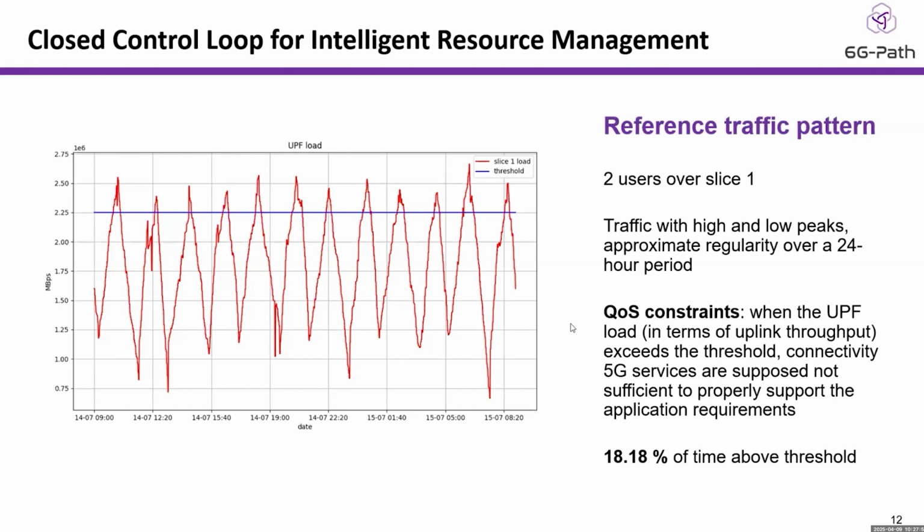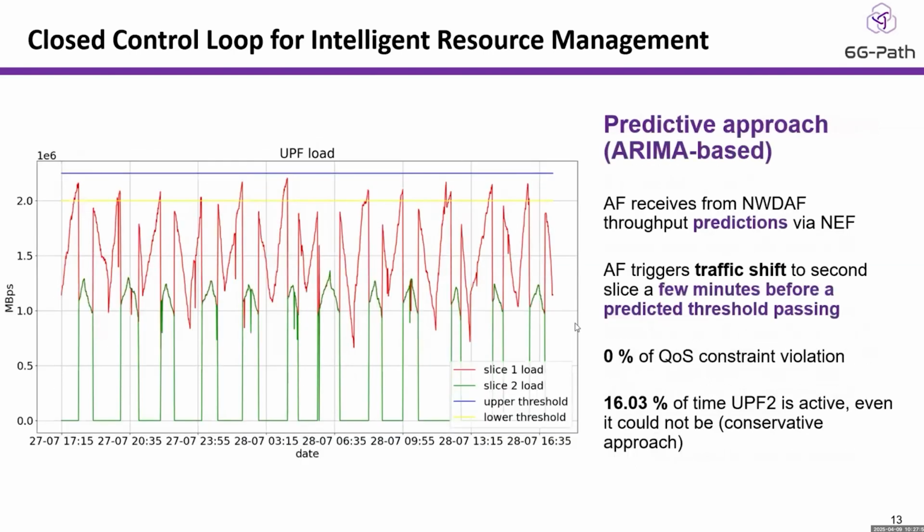Next slide, please. And to solve this problem, through the data and statistics monitoring and extraction we mentioned, and through the capability of the application function to operate over the activation and deactivation of UPFs and over the shift of user PDU sessions across slices, we devised this solution.